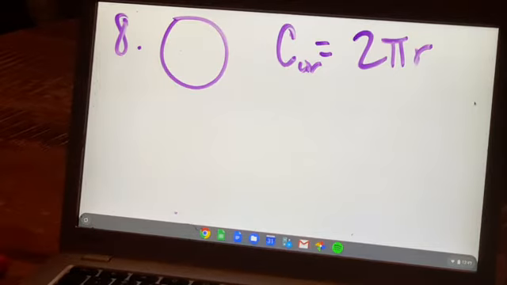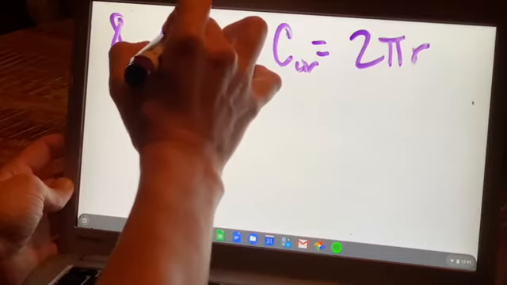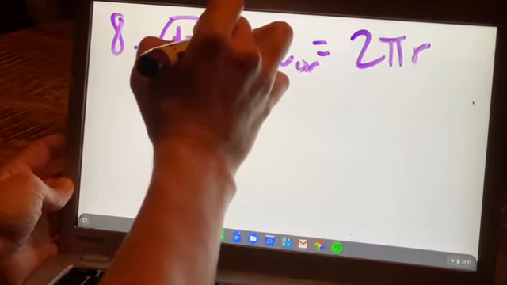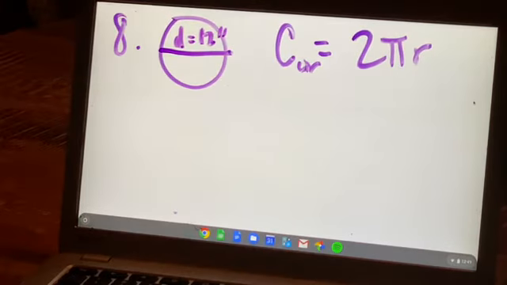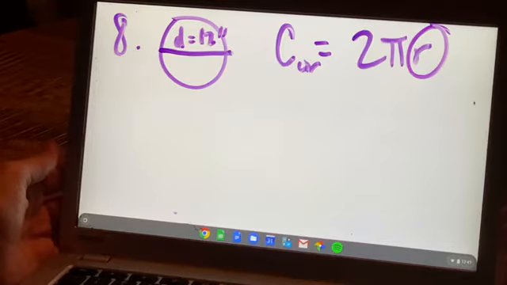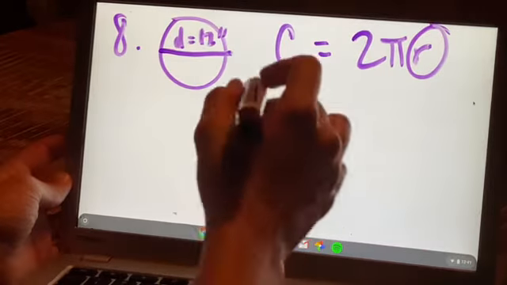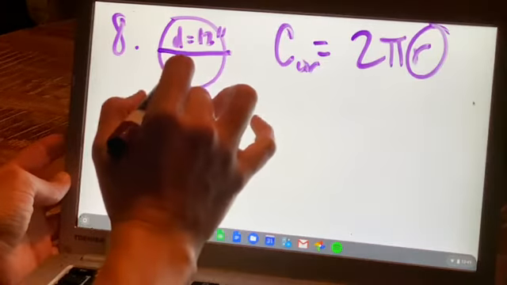So in this one, they kind of give you some options in a way. They say that you need to find the circumference of a circle with a diameter of 12 inches. Now, read carefully. Diameter is 12 inches. What do we usually use in the formula? Radius, right? But you actually have 2 options here. If you want to just straight up use this formula, which I kind of recommend, what do you need to do to find the radius if they give you the diameter?